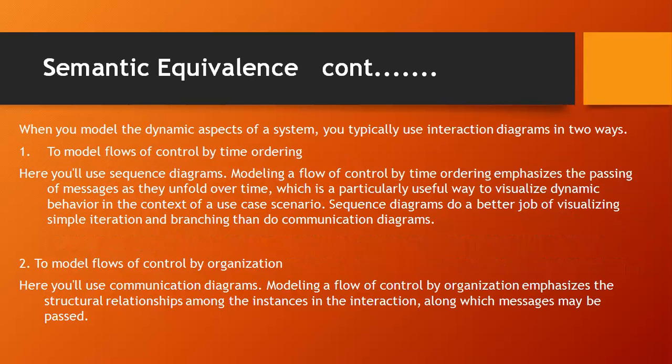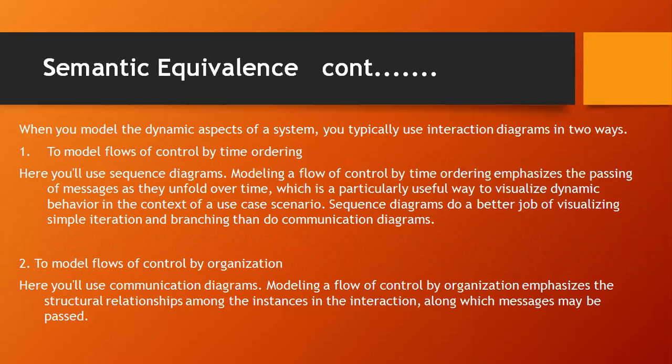Now, we know that we use interaction diagrams to model the dynamic aspects of the system. These dynamic aspects may include the interaction of any kind of instances in any view of the system architecture, including instances of classes, interfaces, components, and nodes.